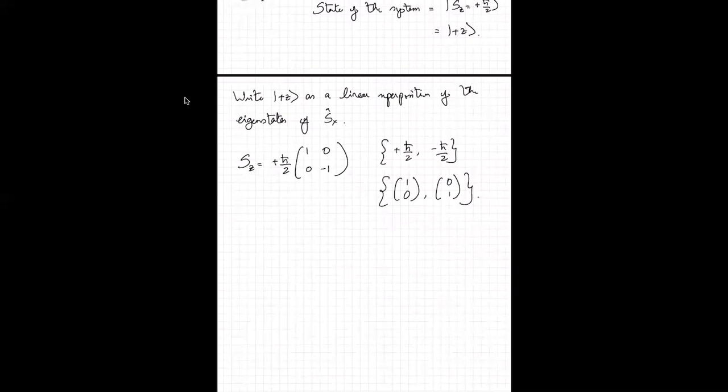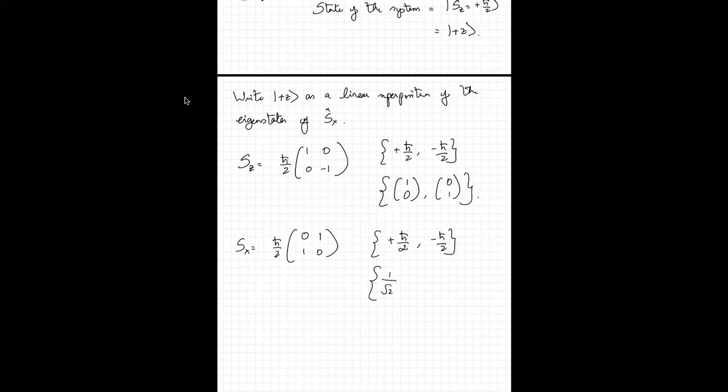Okay. Similarly, Sx is plus h bar over 2, well, this plus here is superfluous, times the matrix (0, 1; 1, 0). The eigenvalues are again the same as before, plus h bar over 2 and minus h bar over 2. But the eigenvectors of this matrix are different from the eigenvectors of the previous matrix.